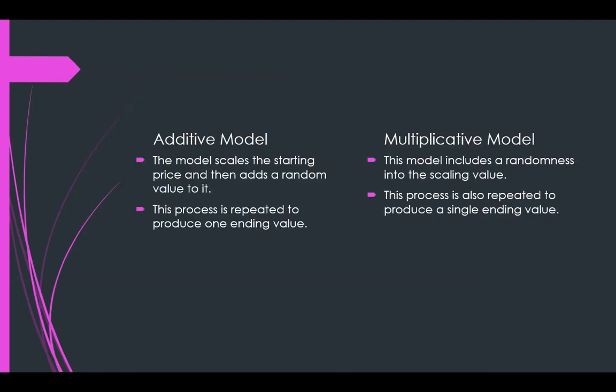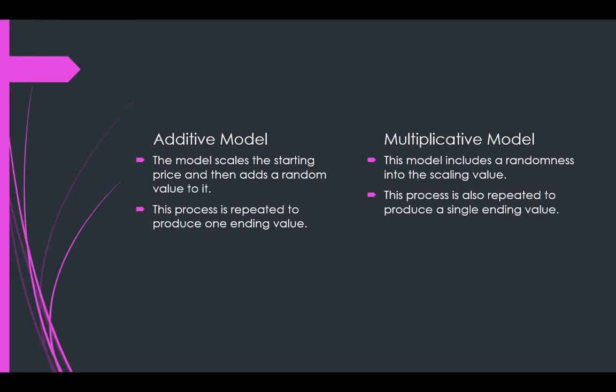Now the other two models are a little different. Instead of having a big array of potential values, both of these models start out with one single price and end with one single price.